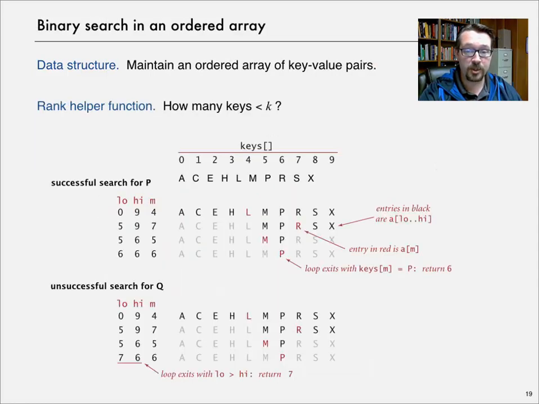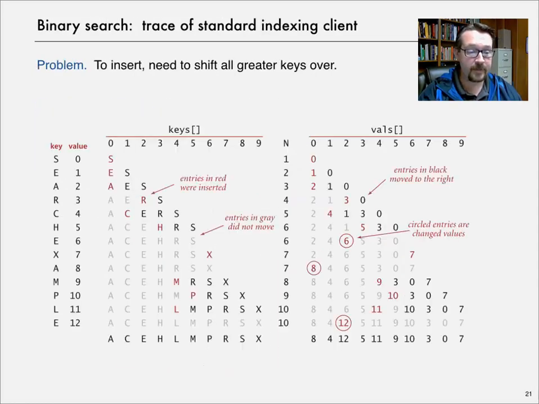Similarly, if you wanted to perform a trace of a binary search symbol table implementation, then you would do it similar to what we have right here, with the keys on the left and the values on the right.